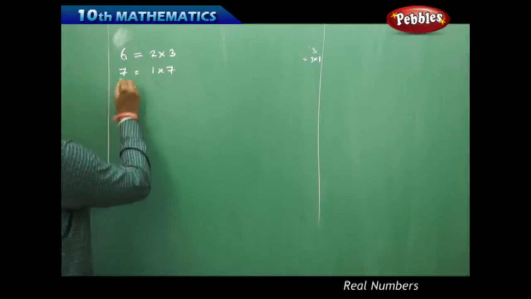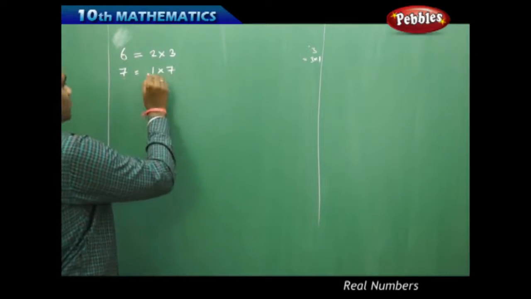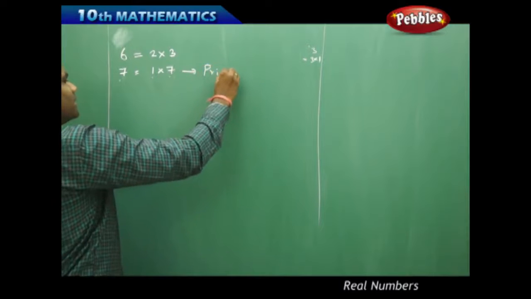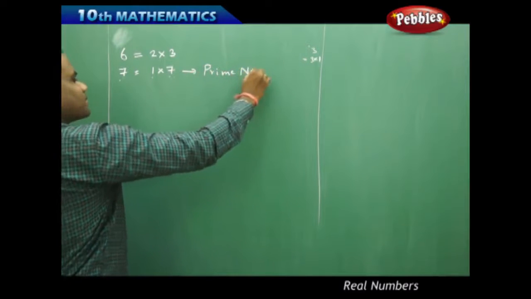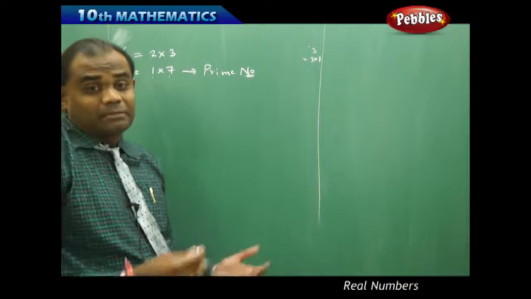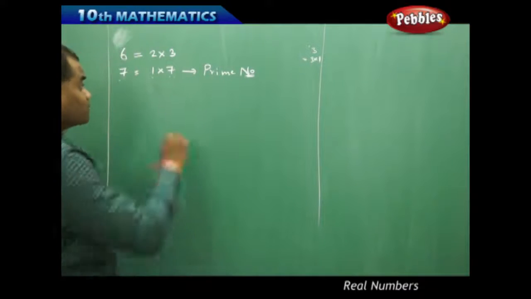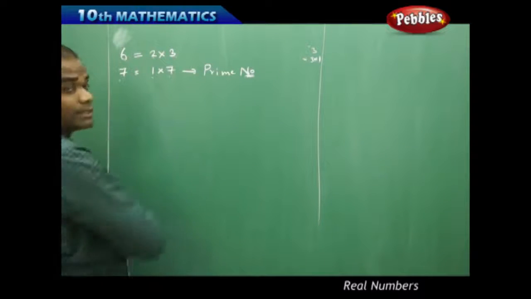So in this case, 7, which can be expressed as a product of 1 and itself, is strictly by definition a prime number. But in the same case, 6 can be expressed as a product of 2 different numbers which are not 1 and itself.